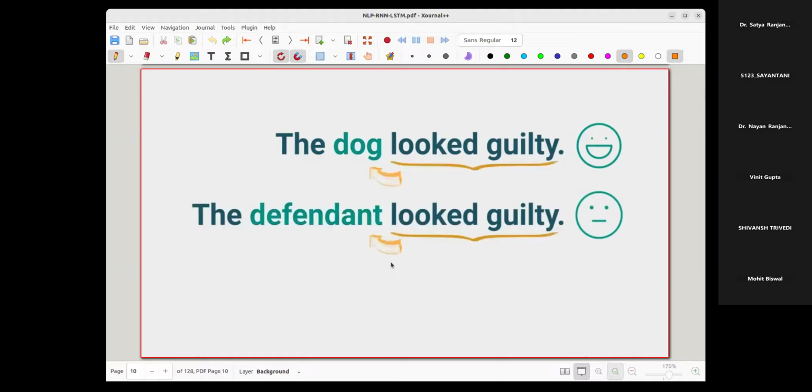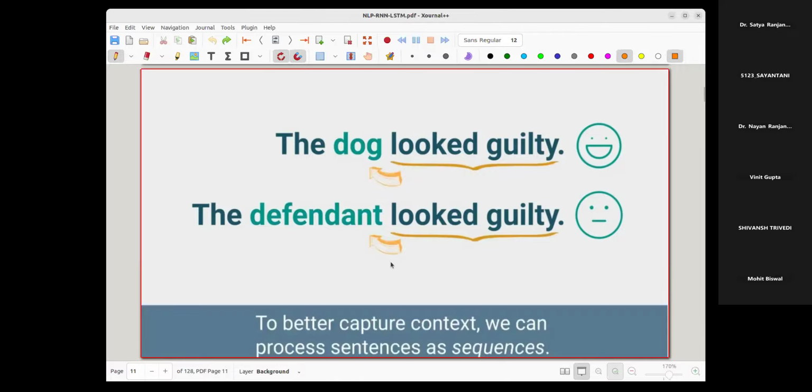That means 'looked guilty' will give you some picture, and it depends on the previous word, dog or defendant. Only one word is changed between the two sentences, and that one change creates a different picture in your mind, meaning their meaning is different. So here what we are saying is that the meaning of a particular word depends on its surrounding words, or how this word appears with other words. This is called the context. So to better capture this kind of context, we can process sentences as sequences.